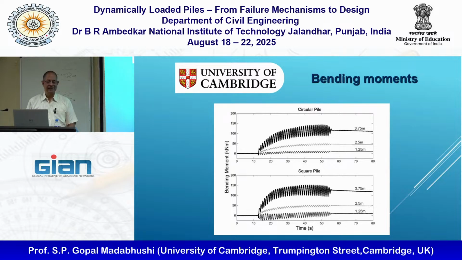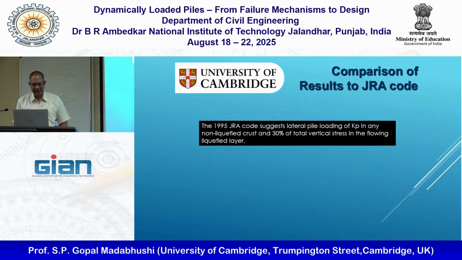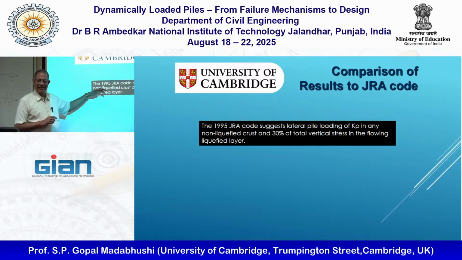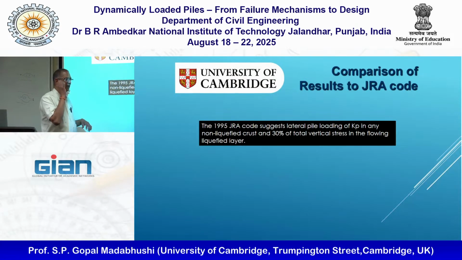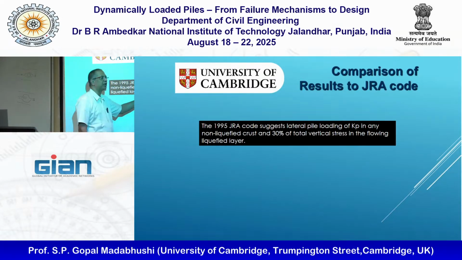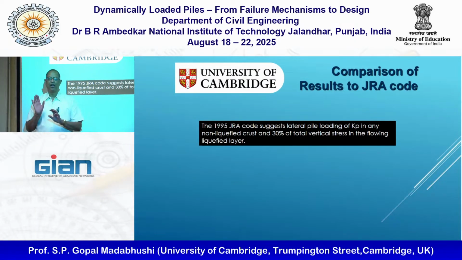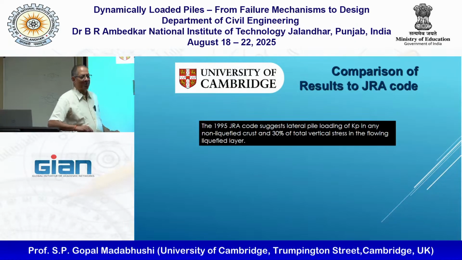Now, as I said, these people, the Japanese Rail Authority, came up with this code, and they made a blanket statement. This is always bad in any code, particularly to do with earthquakes. They said for any non-liquefied crust on the surface, where we started this morning, you can take 30% of total vertical stress and apply that as the lateral load onto the pile.